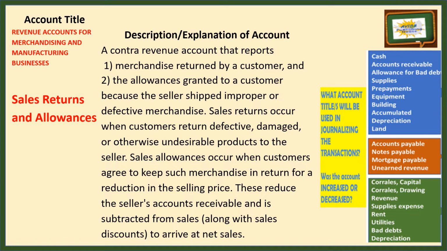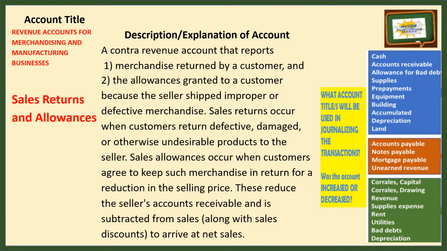A contra revenue account that reports merchandise returned by a customer and allowances granted to a customer because the seller shipped improper or defective merchandise. Sales returns occur when customers return defective, damaged, or otherwise undesirable products to the seller.